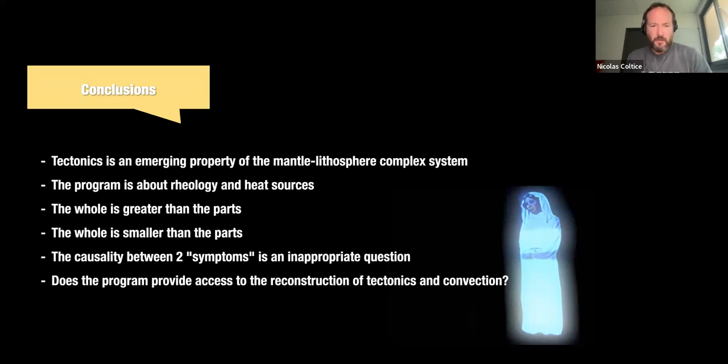What I'm sure of is that when I decrease the yield stress of the system, it's easier for supercontinents to break apart. And when they break apart, sometimes it's hotter below the supercontinents, sometimes it's not. So there are conditions in 3D with this type of rheology to have a hot insulation below the supercontinent.